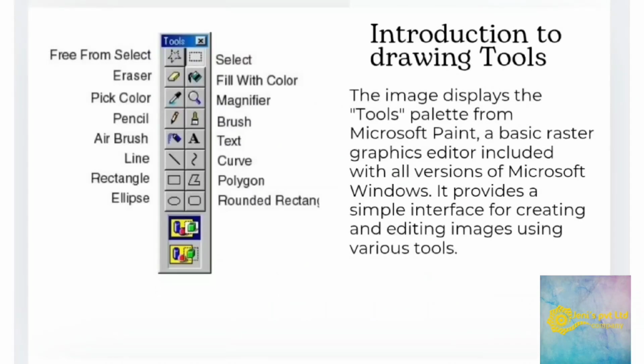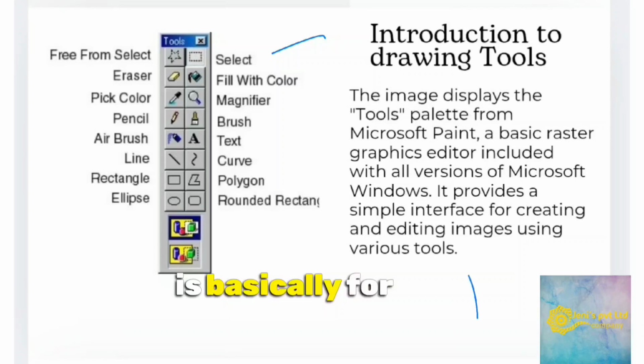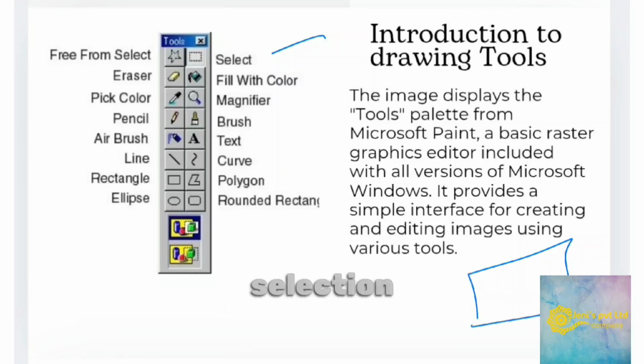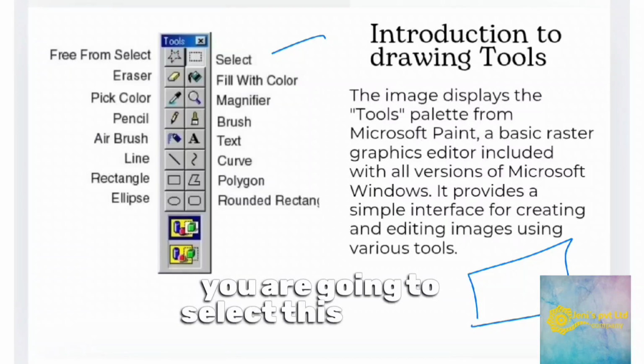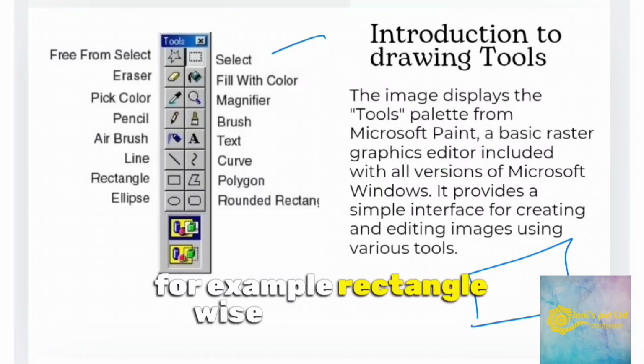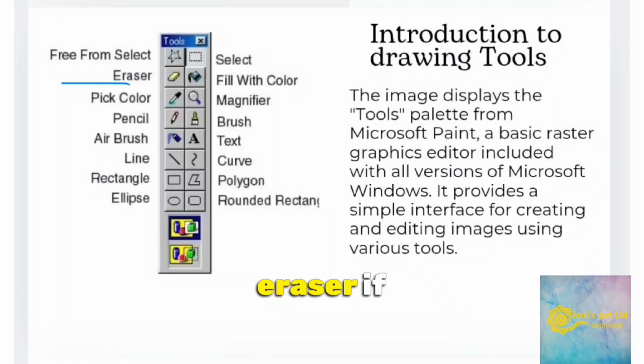Next, another select tool. This select tool is basically for regular selection, that is, shape-wise selection. For example, rectangle-wise, square-wise, circle-wise, we can select with this tool. Another tool is the eraser.